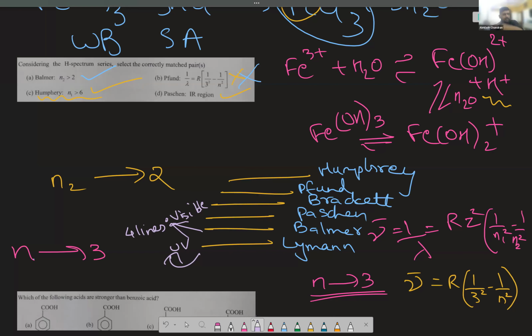Balmer has 4 visible lines, and then all the others are higher energy lines, which are like ultraviolet. And from then onwards, Paschen series, Brackett series, Pfund series, Humphrey series, all of these are energies less than the visible region. They are all in infrared region. So what you're going to see is that this is also true. Right? So what are the correct answers here? A, C, as well as D.